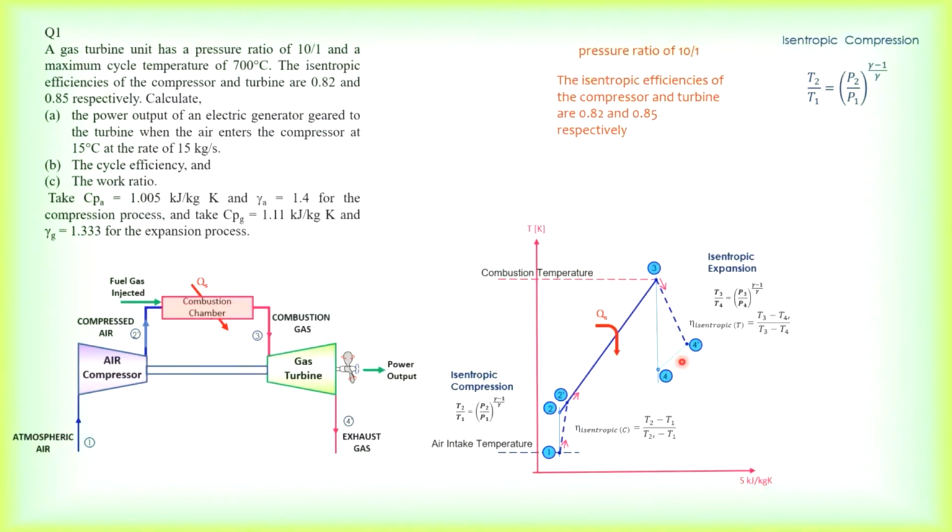So if this is 1 bar, then this will be 10 bar. If this is 1.01 bar, this will be 10.1 bar. Okay? So pressure ratio, gamma for A. Remember, compression is the A side, so the gamma should be 1.4. So from this, we will be able to find out T2.